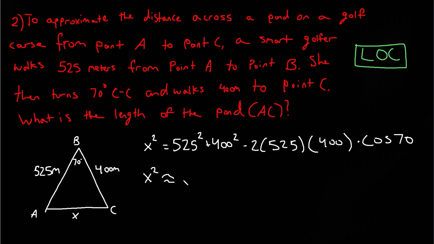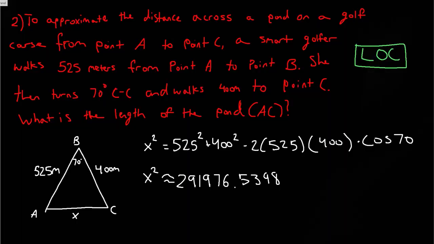We're going to have x squared is roughly equal to 291,976.5398. And this is not even roughly equal to, that's actually the exact value.